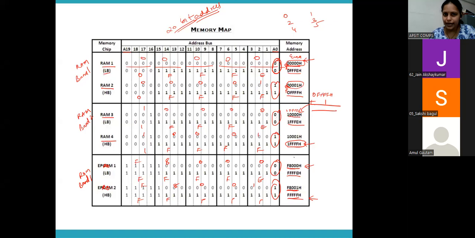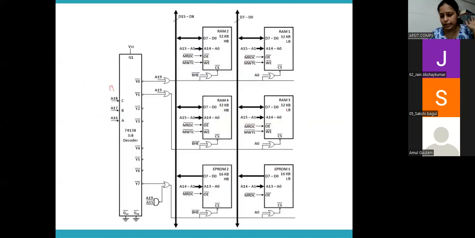Only once you create the memory map, you will be able to construct the diagram. The diagram might look scary, but it is very easy. If you get a theory question and this interfacing question, I would always suggest you attend the interfacing question only. It's very easy to draw this diagram provided you get the logic. It's not as scary as it appears. In the next session, I'll tell you how to create the circuitry.